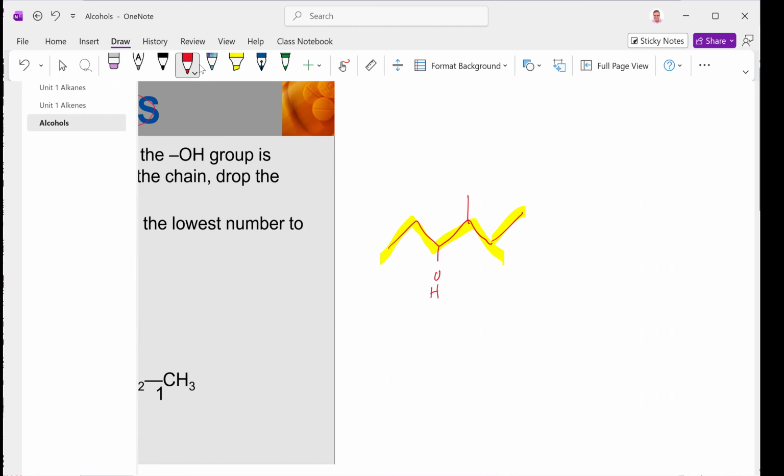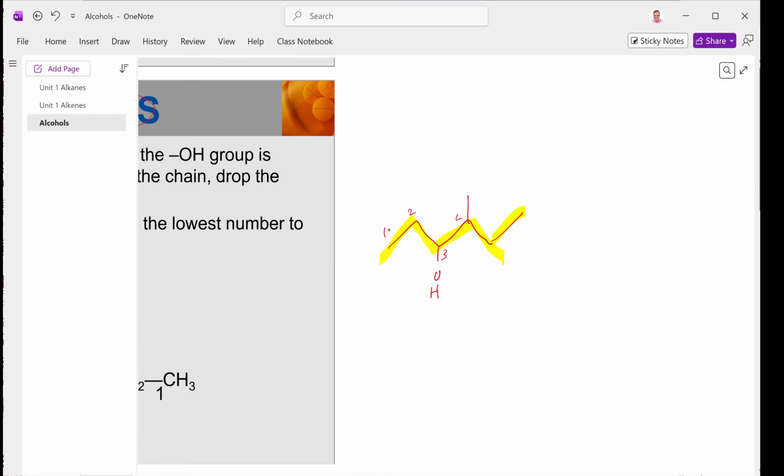Okay. So the OH is closer to the left side than the right side. So we're going to start numbering on the left. Okay, 6 carbon backbone. So it's going to be a hexa alcohol, OL, and a branch on carbon number 4.